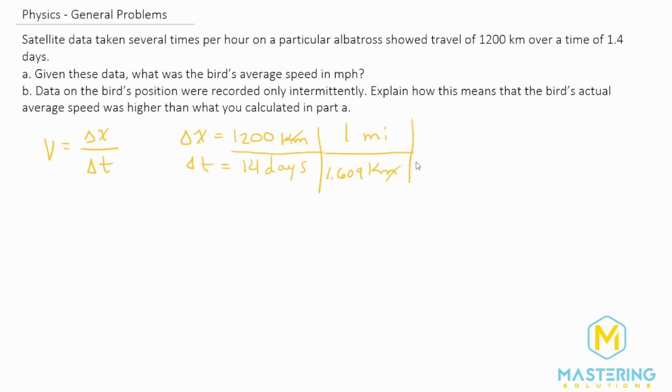So in 1 day, day on top, so that the days will cancel, we have 24 hours. So now we have miles per hour. Now we can plug that into our calculator.